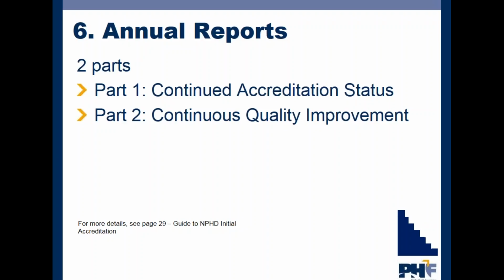They look through these, and they do develop individual feedback as far as what they are doing, quality and performance, offer some suggestions or offer some comments on their initiatives, and that goes back to the health department. Part one is reviewed by PHAB staff, and any follow-up from that goes either back to the health department or to the Accreditation Committee.